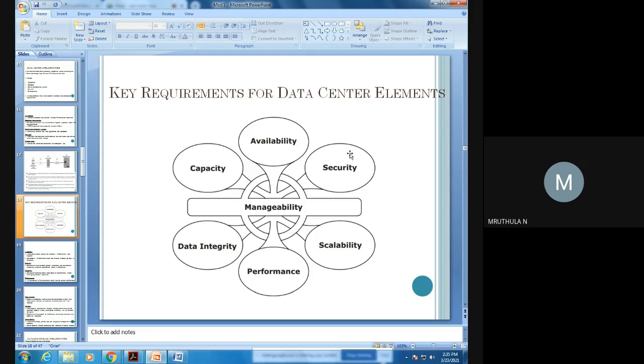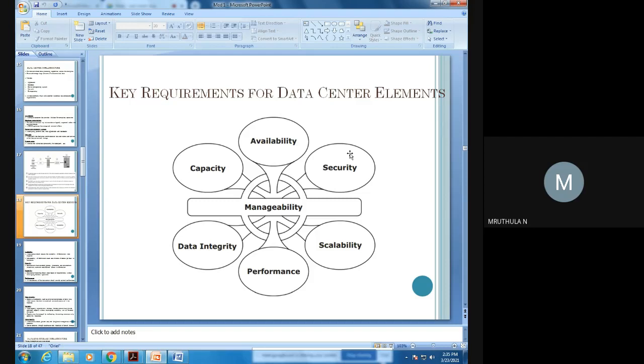There should not be any interruptions, because for the survival and success of a business, it is critical that uninterrupted operations of a data center should be maintained.